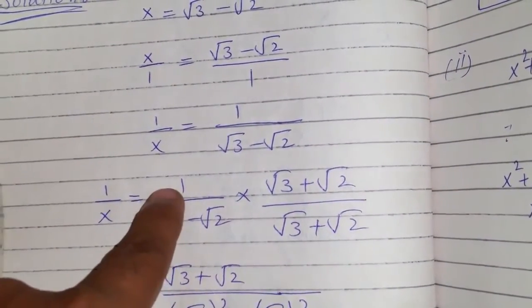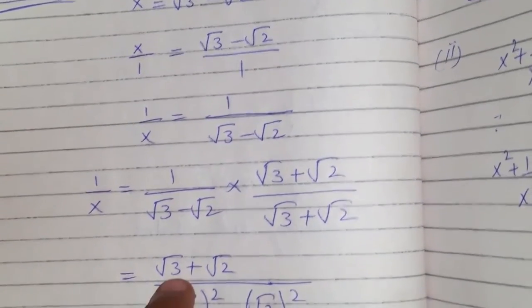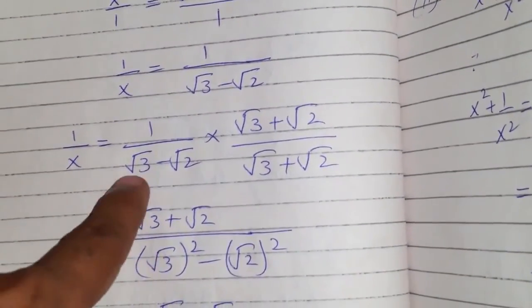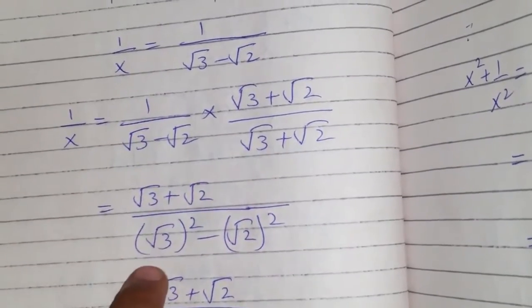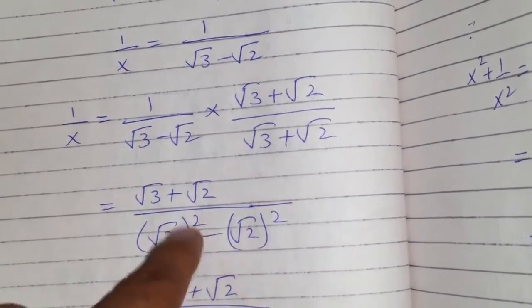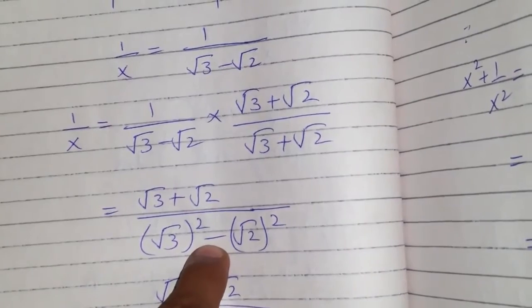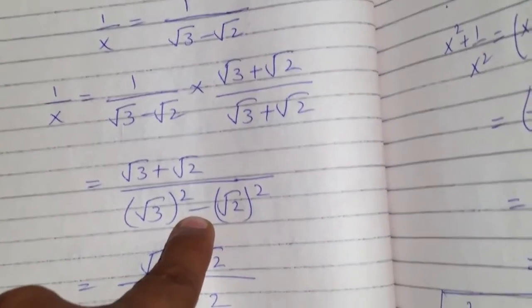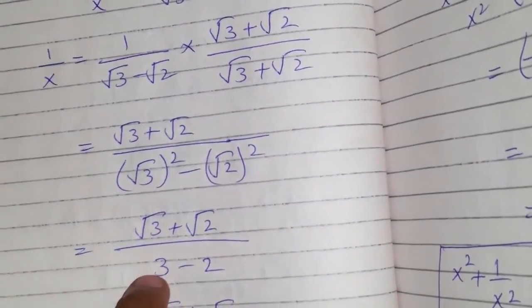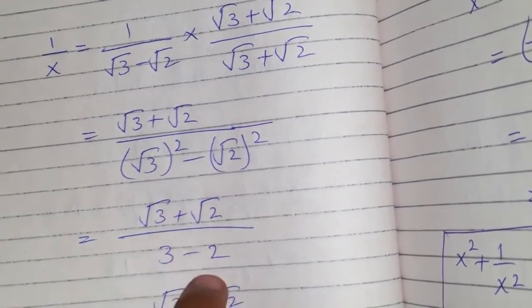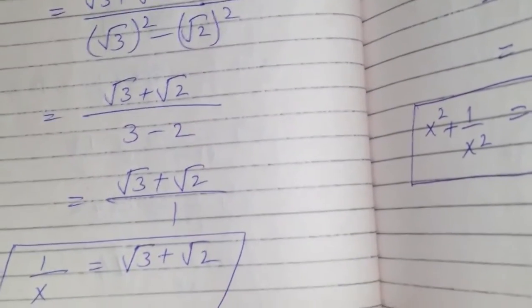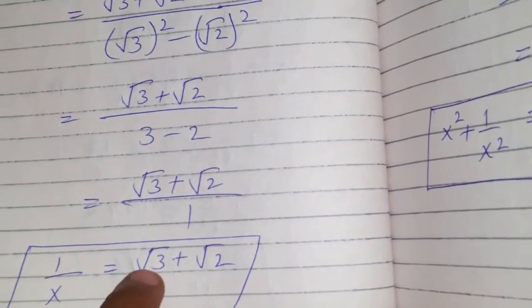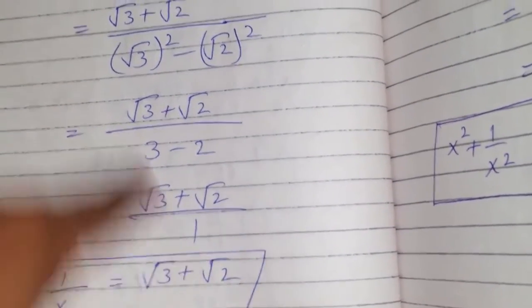This whole expression when multiplied by 1 remains the same, and here we can use the formula, that is the square of the first term and the square of the second term with a negative sign between. Here square and square root sign cancel out and I get 3 minus 2, which is equal to 1. So I get 1 over x is equal to square root 3 plus square root 2.